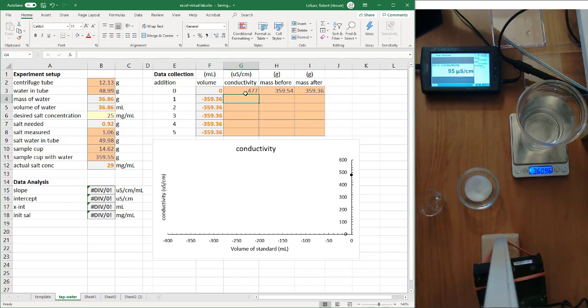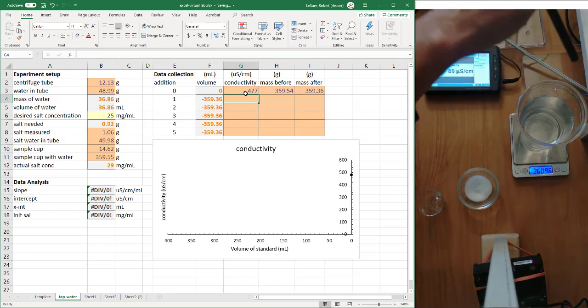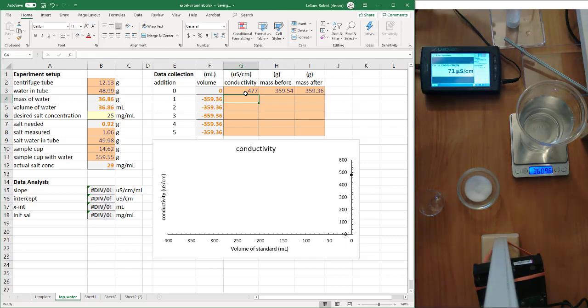I'll slow down to keep the cap on just to play it safe. Go ahead and measure the mass before.